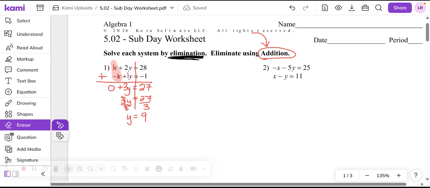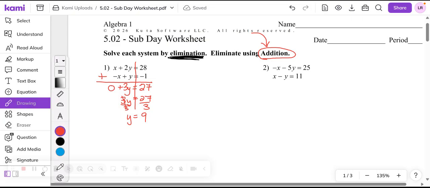Now, how do I figure out the x? In order to figure out the x, I'm going to need to plug it back in, and I'm going to choose one of the two original equations. For this first one, I'm going to choose the top equation.